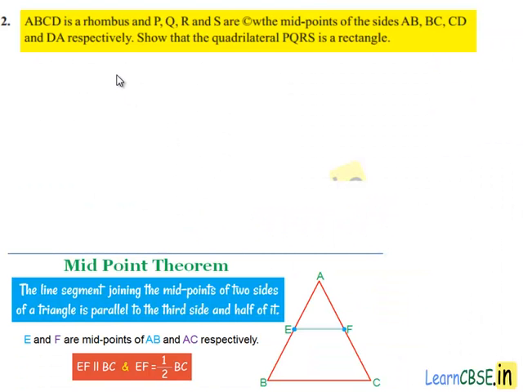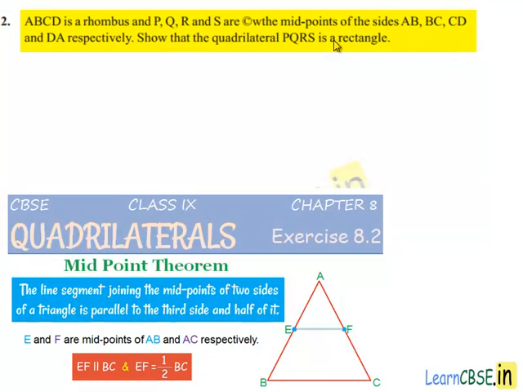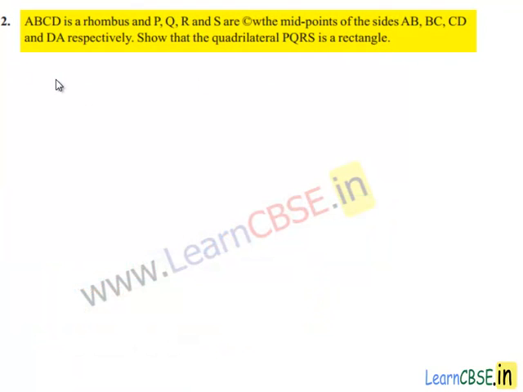Moving on to the second question. ABCD is a rhombus and P, Q, R, S are the midpoints of the sides AB, BC, CD and DA respectively. Show that quadrilateral PQRS is a rectangle. Now moving on to solution.